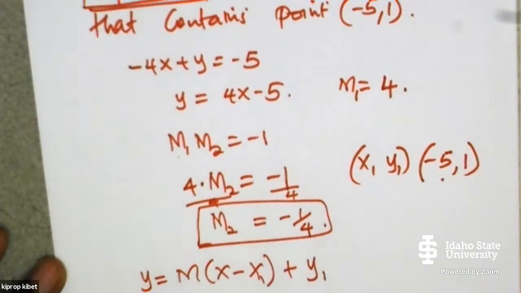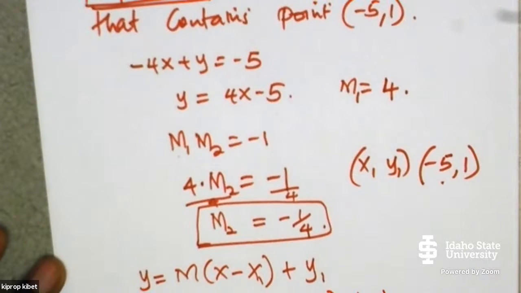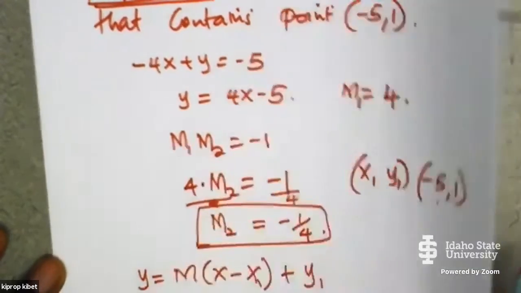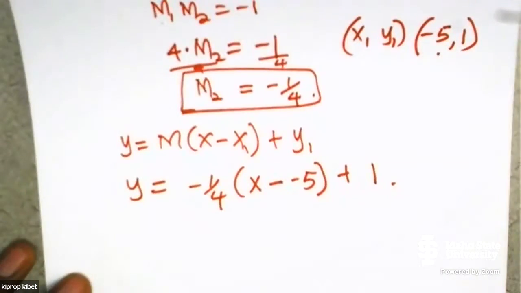When you do the substitution, we get y equals -1/4 times (x minus -5) plus y1, which is 1. Any question up to there?